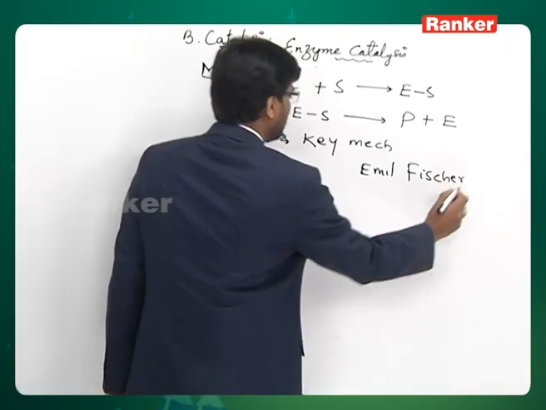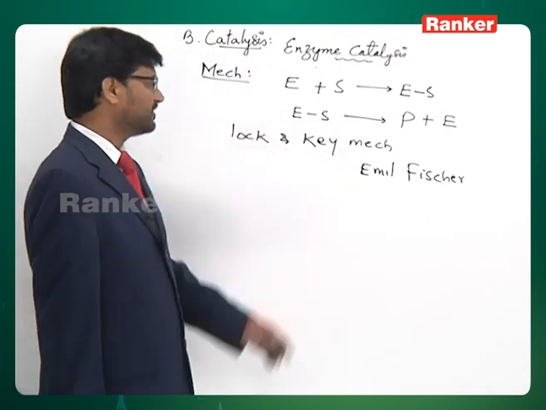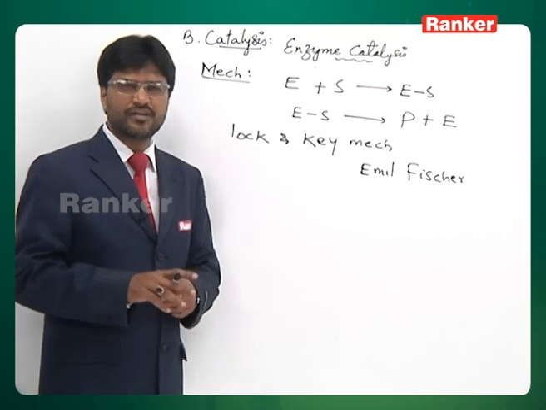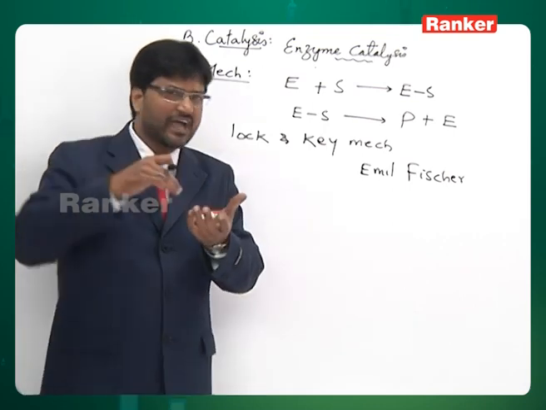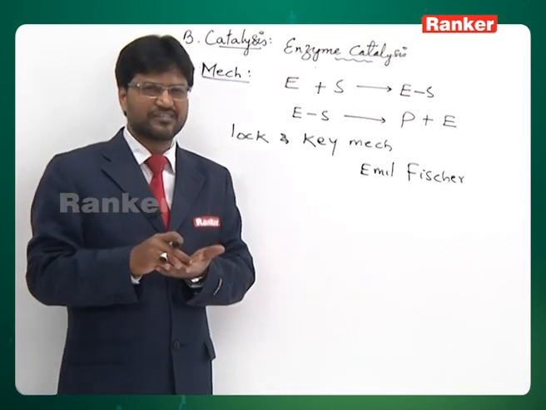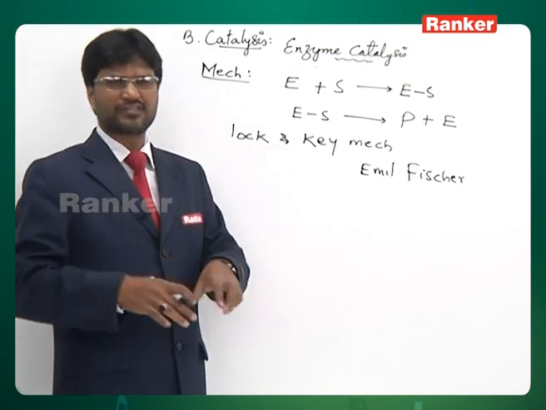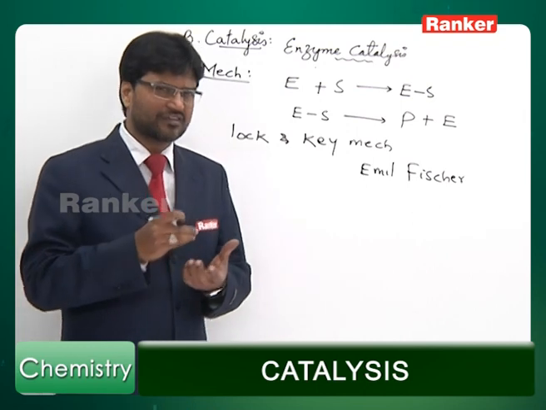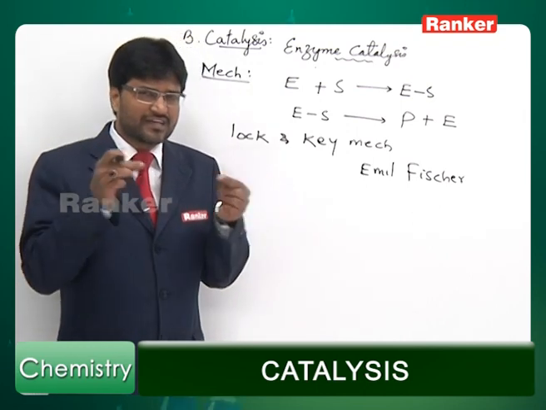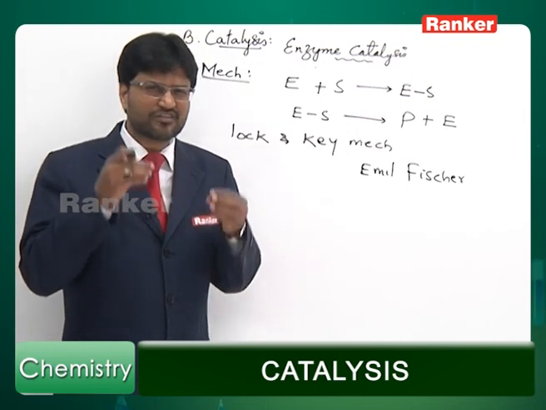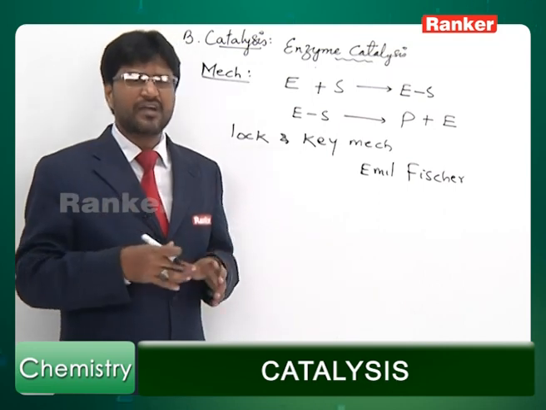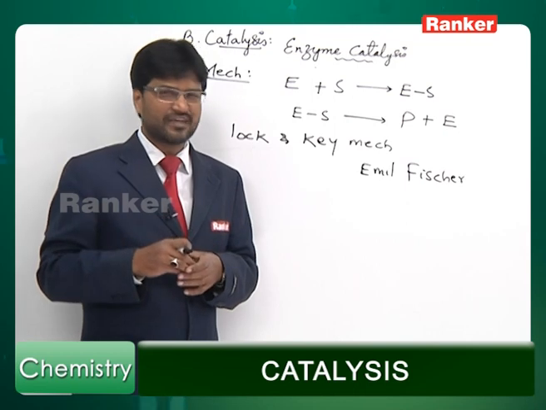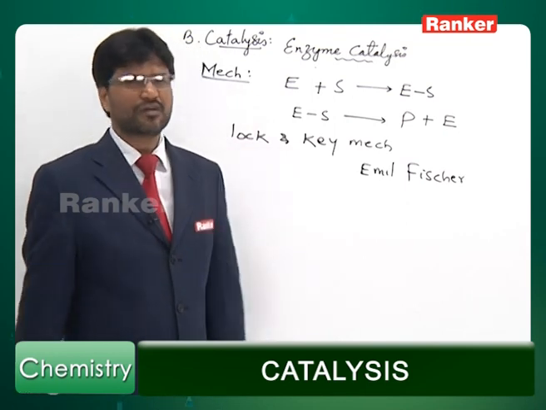According to Emil Fischer, there are some cavities on the surface of enzymes. Enzymes are macromolecules, they are colloidal substances. So, there are some active sites on the surface of enzyme. In these active sites, some polar groups like carboxyl group, amino group, etc. are present, and the substrate coordinates with the enzyme at these active sites and will get transformed into product.